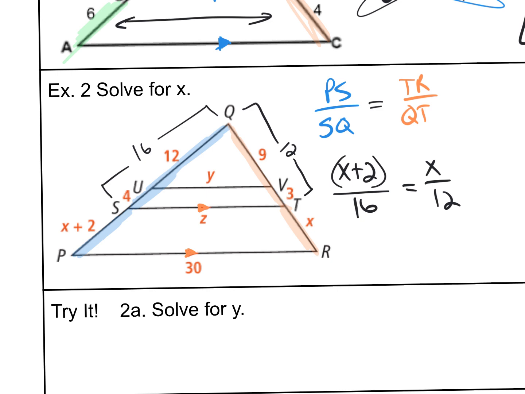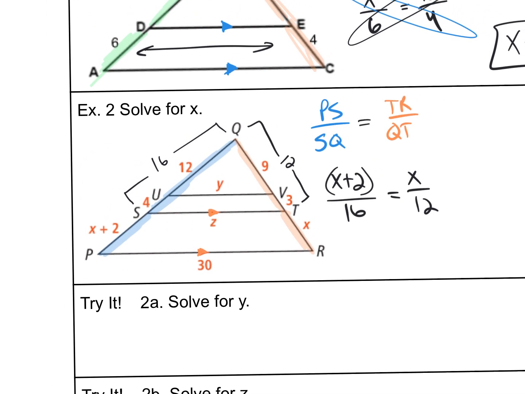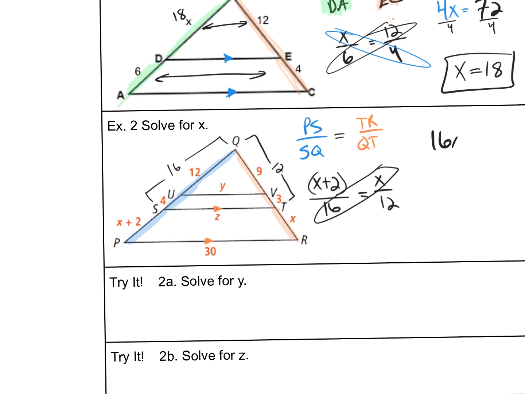Now we have this proportion that allows us to cross multiply and then solve for X. Let's look at what it would look like once you cross multiply here. Multiplying across the first diagonal, 16 times X would just be 16X. Across the other diagonal, sometimes it's helpful to put the parentheses on it too, just so you recognize that you should be distributing.